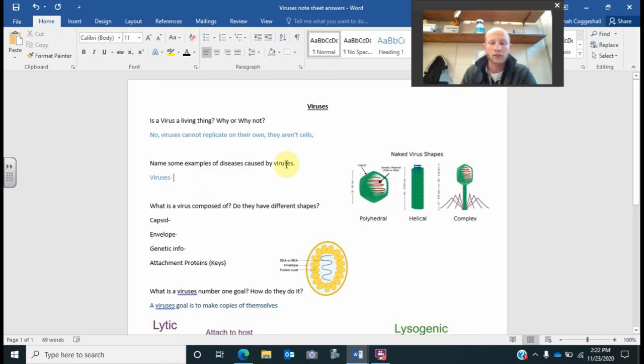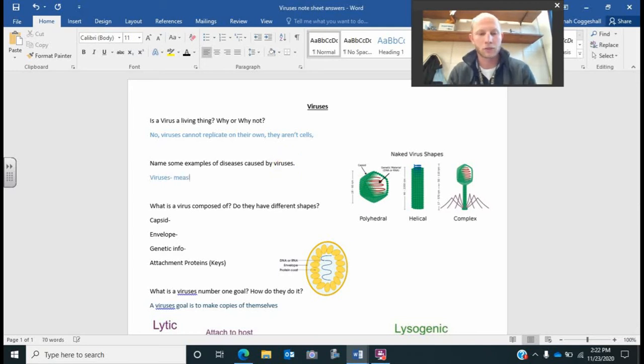So what are some diseases that can be caused by a virus? Well, there's a bunch, right? You guys learned about some in the Meet the Germs activity that we did 2 weeks ago. We get measles, mumps, HIV, human immunodeficiency virus, AIDS.